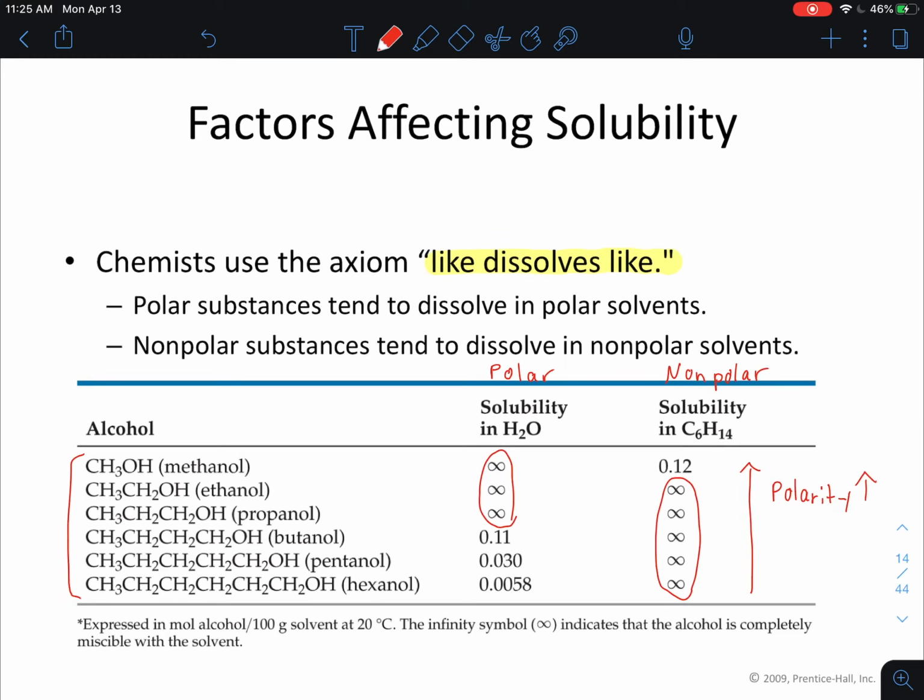And so this general principle that like dissolves like, it's really well demonstrated here that the small alcohol molecules are dissolving fine in water, and then the smallest alcohol molecule will not dissolve in hexane, the nonpolar solvent, but everything else will. So the more similar they are in structure, the more likely it is that one will dissolve in the other, and that's what we mean when we say like dissolves like.